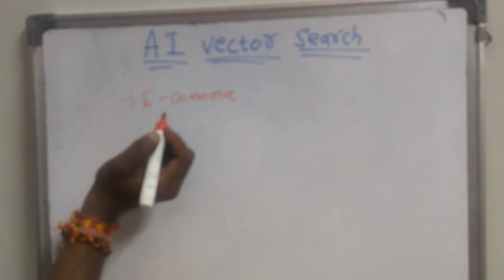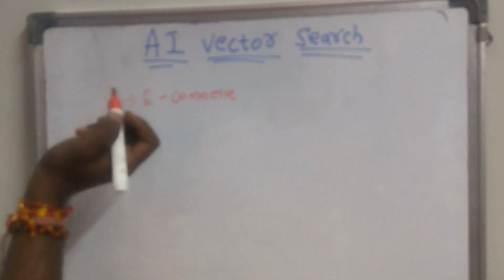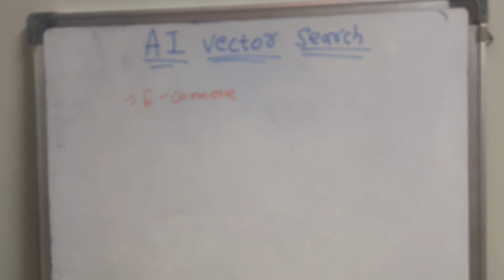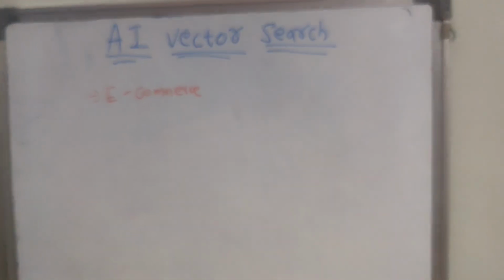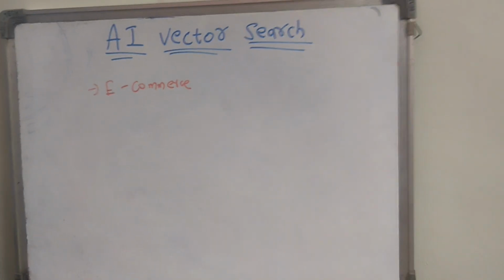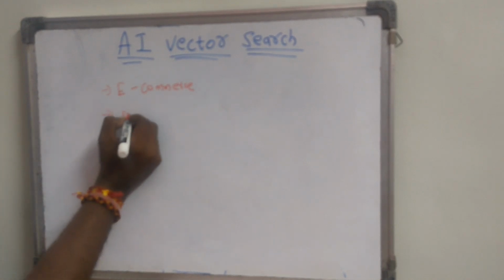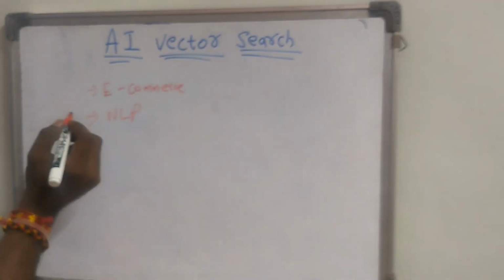It is also used in e-commerce applications like Amazon, Netflix, and Flipkart, where you can upload a picture of a product and search using it. Internally it does a vector search and recommends similar products, making the search easy.